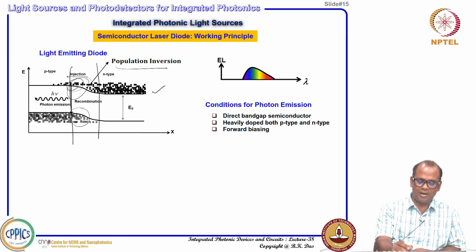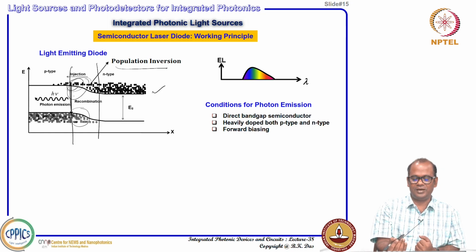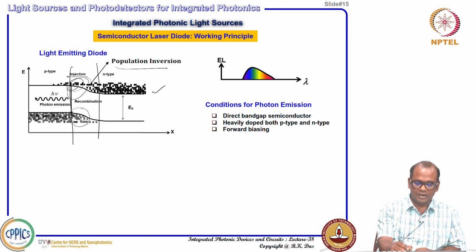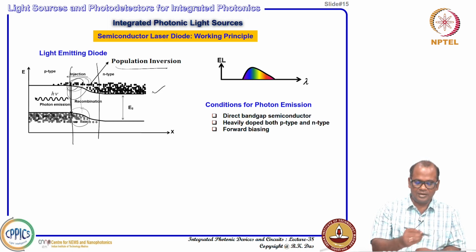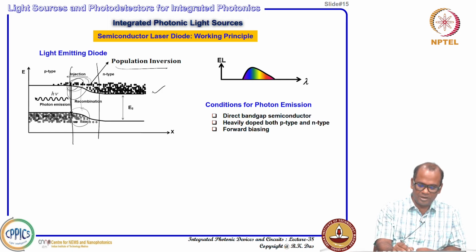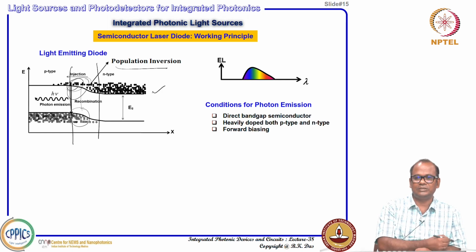distribution. So, what happens, the natural tendency is that these electrons from the conduction band come back to the valence band and recombine with the hole, and when it recombines with the hole, it loses some energy.